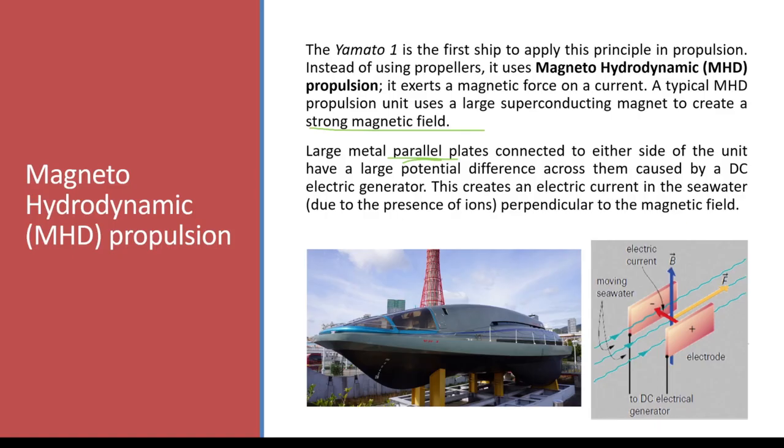If you'll notice in this diagram, the right-hand rule applies, and it sends our force this way. And as this force is applied to the seawater, it pushes back and sends the ship this way, where the electromagnetic force is applied to the seawater this direction.